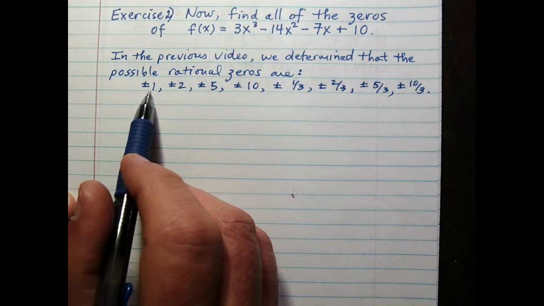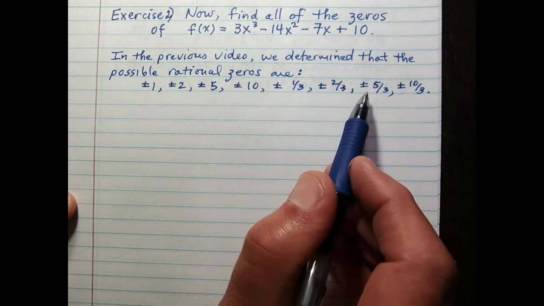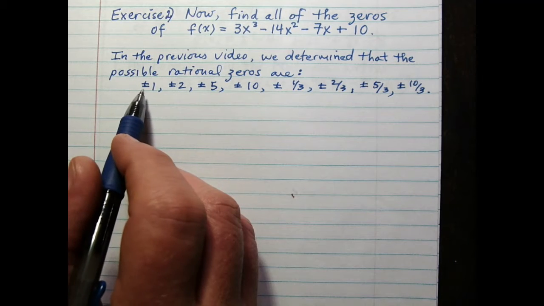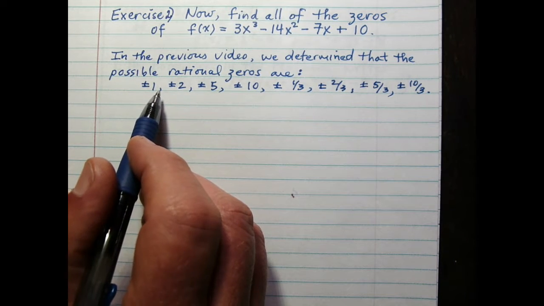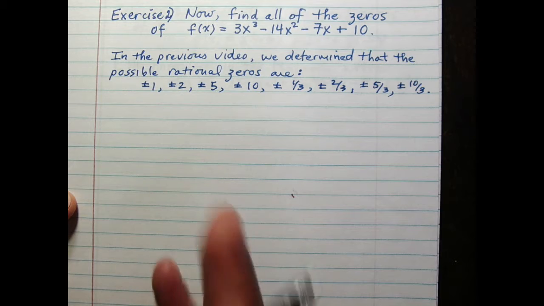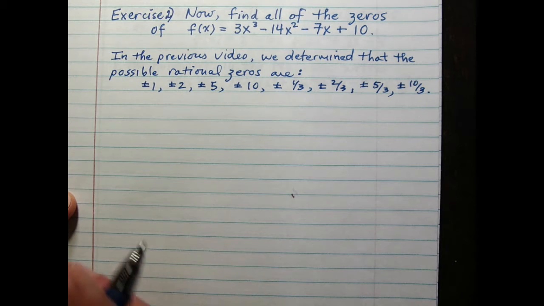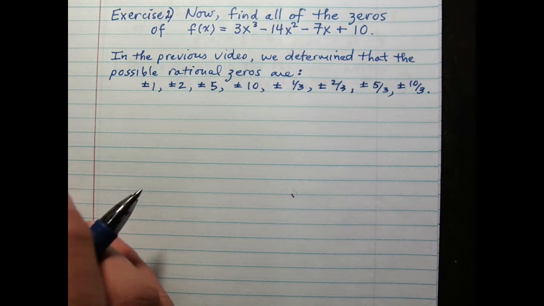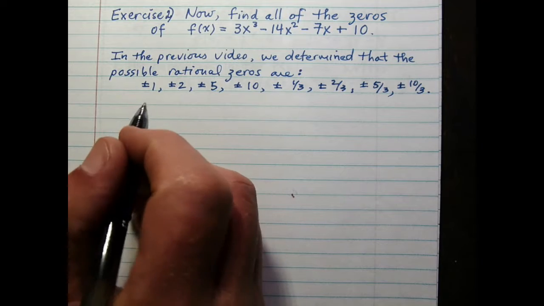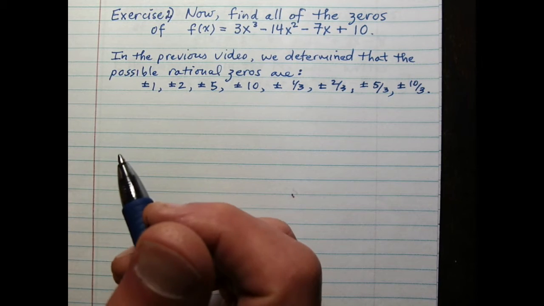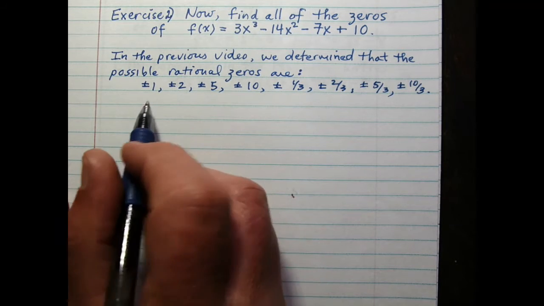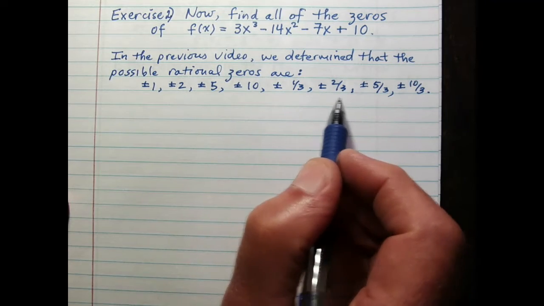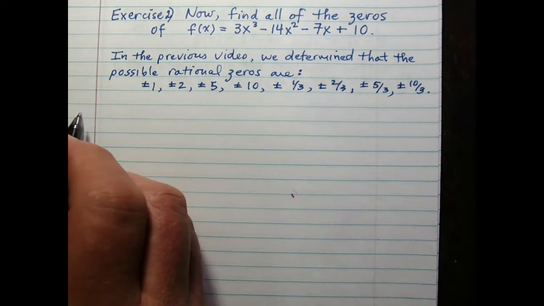try to realize it tells us that a lot of numbers are not zeros. For instance, 3 or negative 3 cannot be zeros of this polynomial. So now we want to find the actual zeros. We think there will be some numbers in this list that turn out to be zeros.